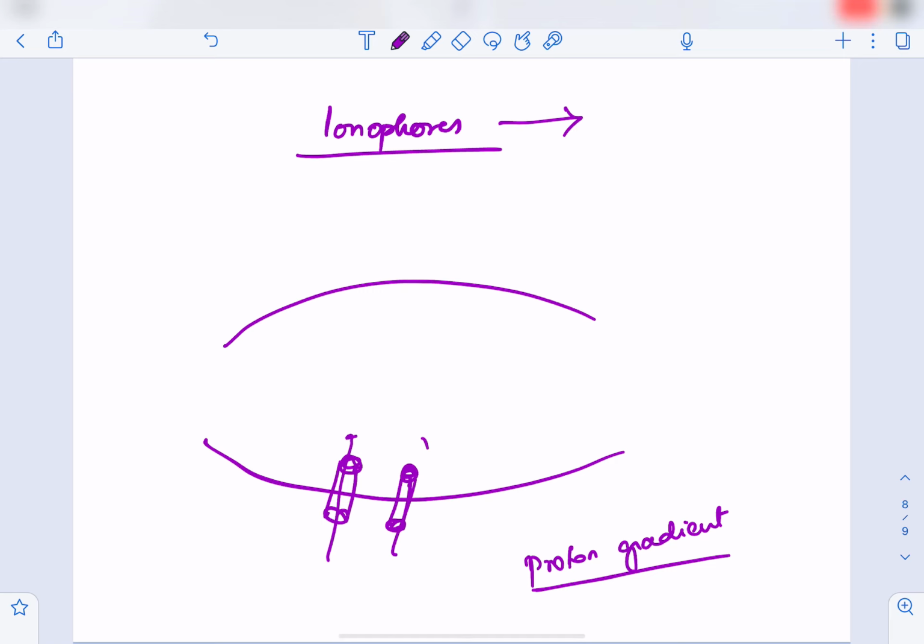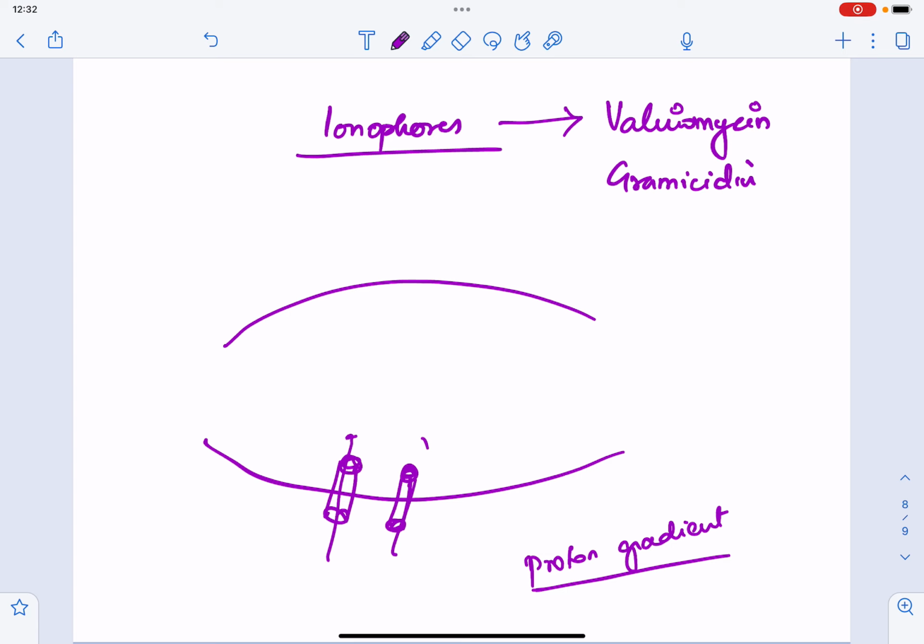Now what are the different ionophores we know of? Valinomycin and gramicidin. So ionophores form channels on the membrane, allowing ions through the membrane.